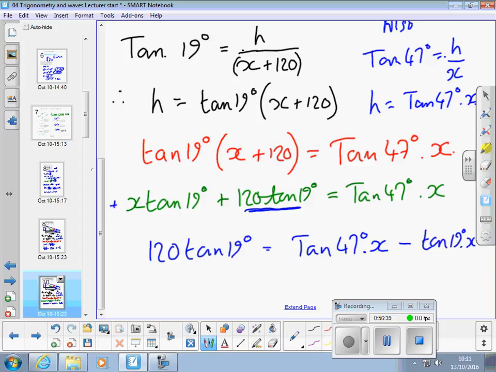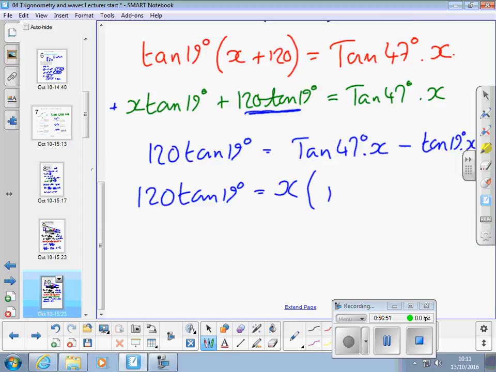Take them outside a pair of brackets. So we can go 120 tan 19 degrees is equal to x times tan 47 degrees minus tan 19 degrees. Lo and behold, we've got 1x now.